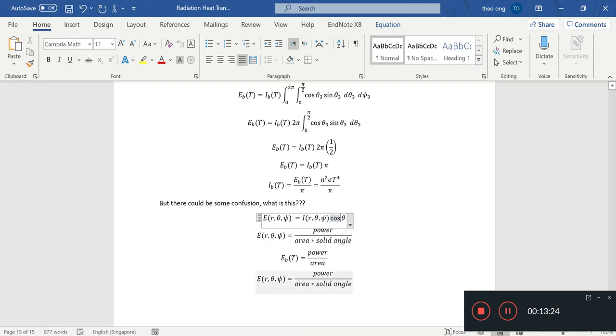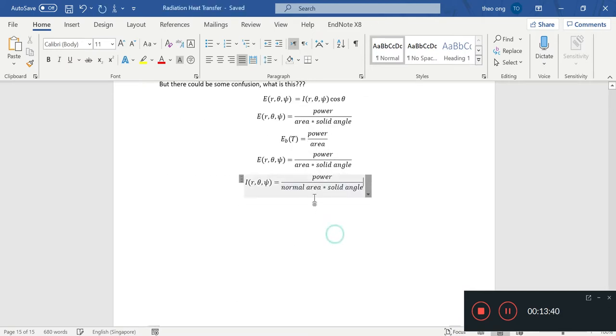Why? Let's see what this intensity is. This intensity here is power per unit normal area per solid angle. So these two kind of cancel out, right?